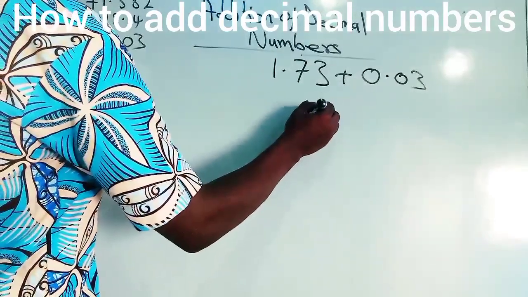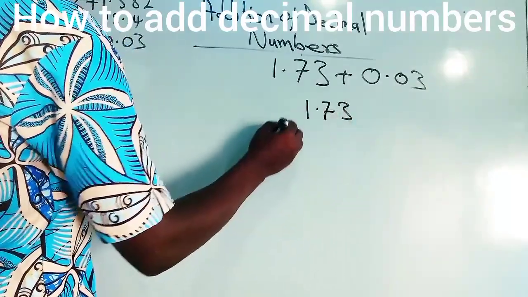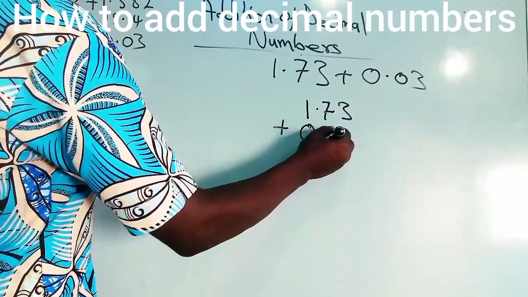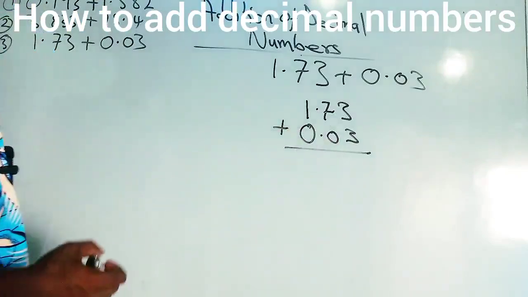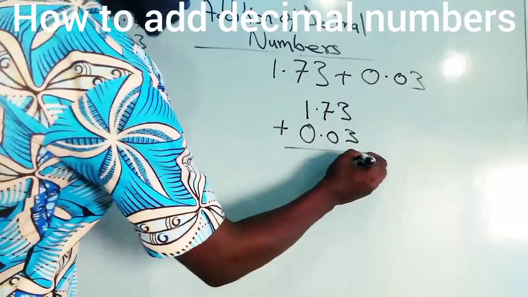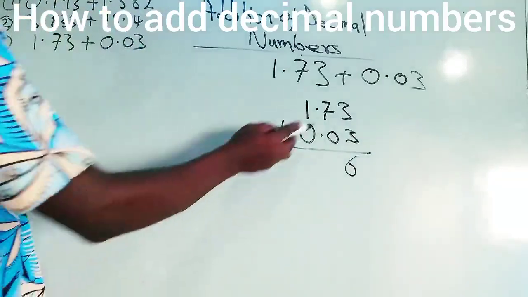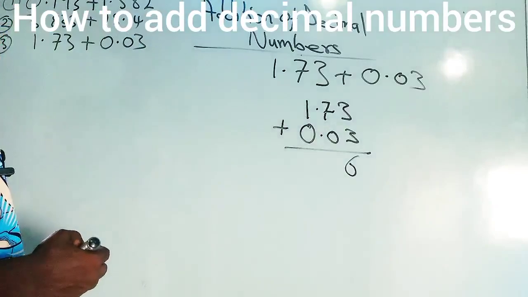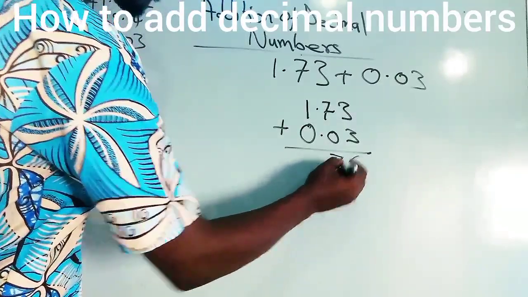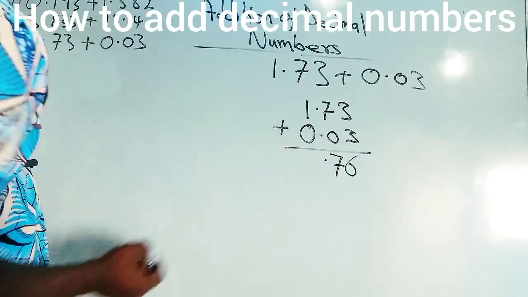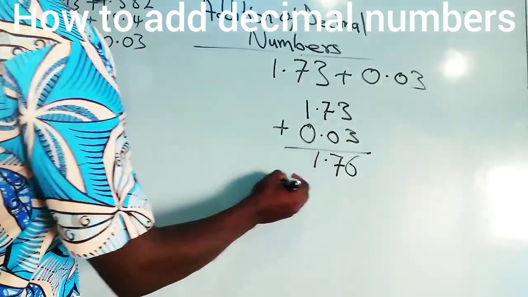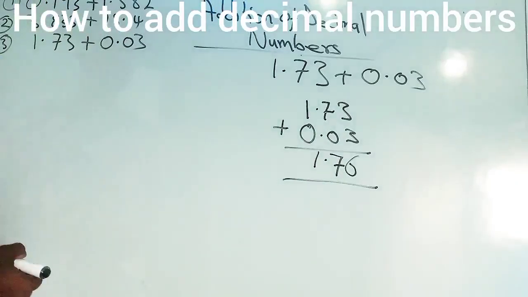You'll be having 1.73 plus 0.03. 3 plus 3 will give us what? 6. 7 plus 0 will give us 7. You bring your decimal point. 1 plus 0 will give us 1. Therefore, 1.73 plus 0.03 will give you 1.76.